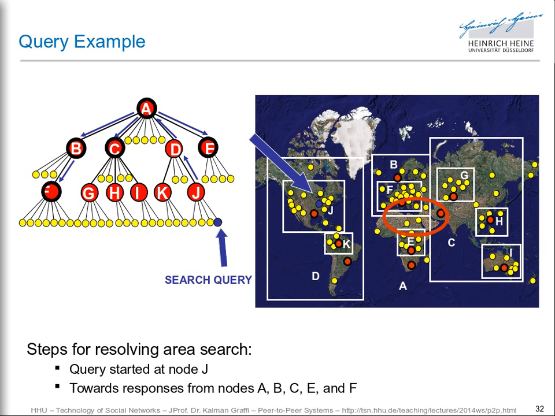First of all, we forward the query to J. J forwards the query to D. D forwards the query to A. A knows, okay, I have some peers in my area, so I can send this to D again, and I contact E, C, and B. And B checks whether it has some other zones which are covering this search area, and this is, for example, F's zone.